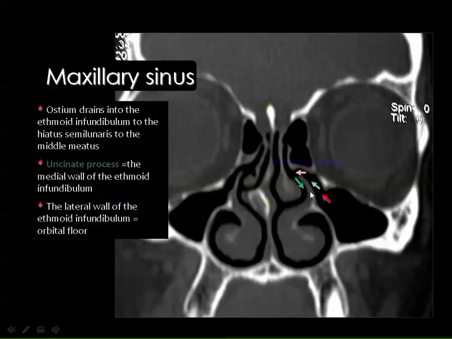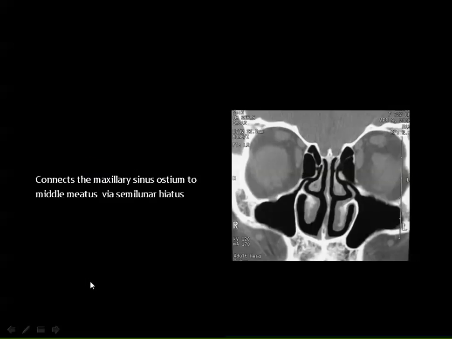This process is known as the uncinate process, which is the medial wall of the ethmoid infundibulum. The lateral wall is formed by the bony orbit. Then if you look carefully here, you see this is the maxillary sinus antrum, and this is the ostium, this is the ethmoid infundibulum, hiatus semilunaris, and the middle fossa.